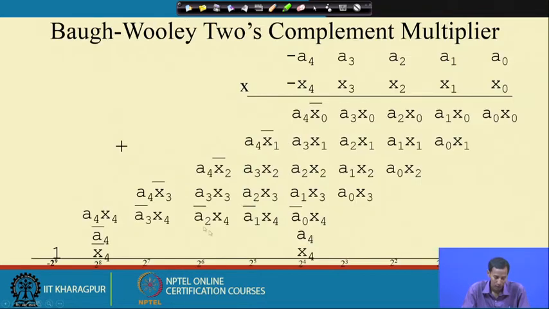Apart from that, at the 2 to the power 8 position, or P8 position, I need to add 2 extra terms, which are A4 bar and X4 bar.